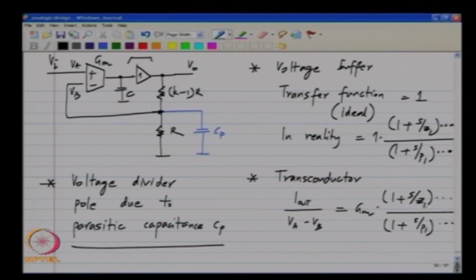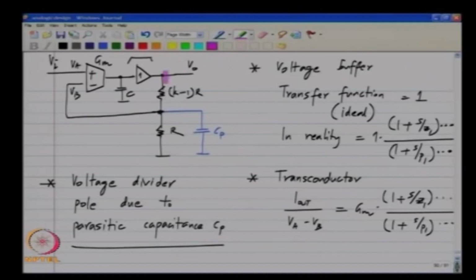So, every part of the circuit, the transconductor, the voltage buffer and the voltage divider can have extra poles and also extra zeros. For the voltage divider, I have only illustrated an extra pole, but it is possible to have a zero if there is a capacitance between this point and that point. So, in general you will not have only the transfer function that you want, you will also have extra poles and zeros, and that is how delays come into the system, that is how all this non-ideality comes into the system. Now, why is this equivalent to a delay?